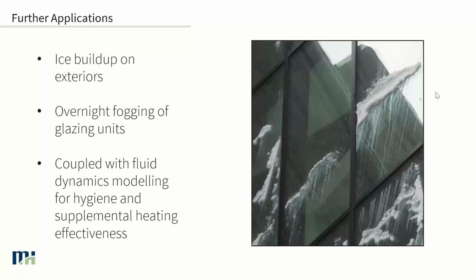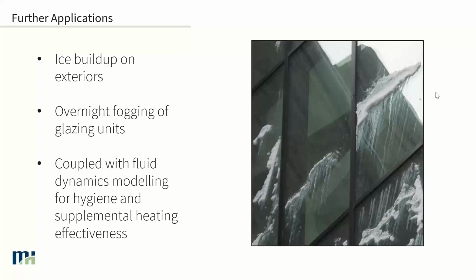And then we can get even more advanced, looking at even finer tuning, reducing the conservative estimates of these, where we start coupling it with, say, a more thorough analysis like fluid dynamics modeling, to really understand how a heating system is impacting the temperatures on the glazing system.